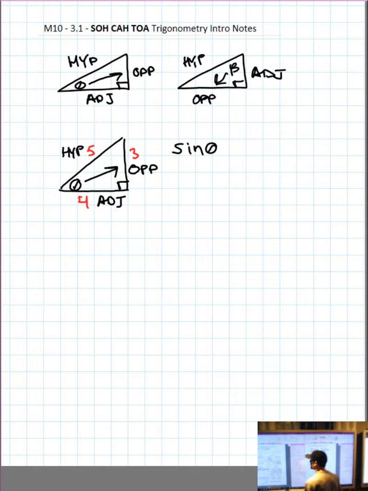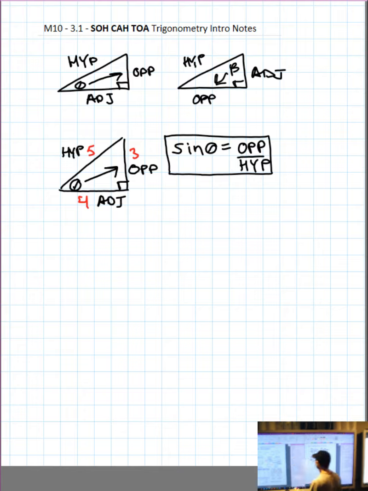Gives some respect to the grandfathers whose shoulders we stand on, like Archimedes and Galileo and all those guys. So, sine theta equals, the definition of sine theta is the opposite over the hypotenuse. What on earth does that mean? Well, that gives us the ratio of how tall it is to how long the slant is.